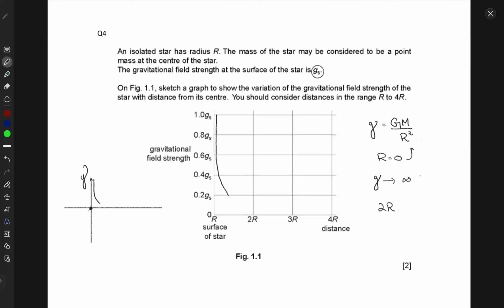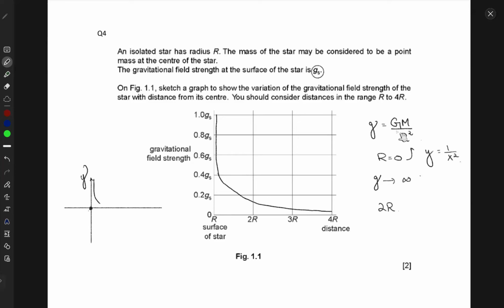Okay, so are you given the mass of this star? You're not given the mass, so you can draw a rough sketch, right? So you'll just sketch the graph, which looks something like this. It's not a very nice picture of the graph, but do you agree with this? I drew this because the graph of y equals 1 by x squared looks like this.